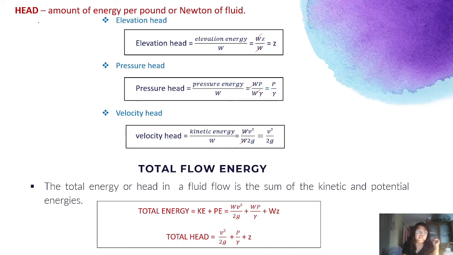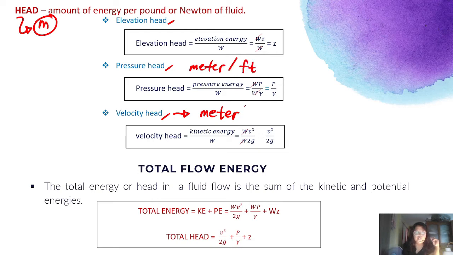Lahat ng tinatawag nating head, naka-in terms na siya ng meter, no? Meter, or feet. Sorry, masyado tayong bias kay SI. So, meter or feet, kasi nga, head is the amount of energy per pound or newton of fluid.